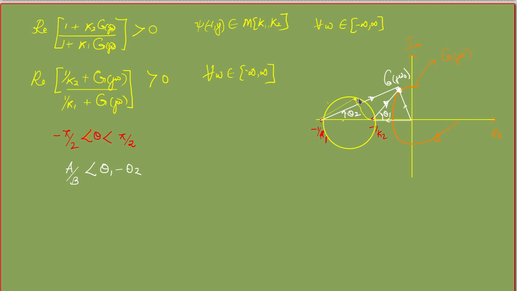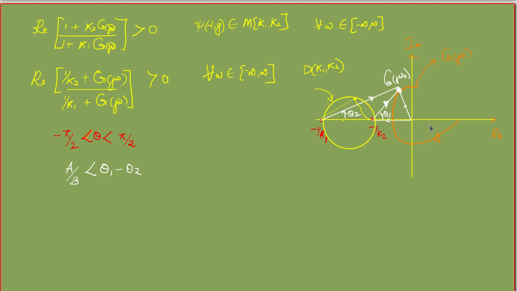Okay, so that means that if the curve is outside this circle or outside this disk which is formed by K1 and K2, then the angle would be less than 90 degree.